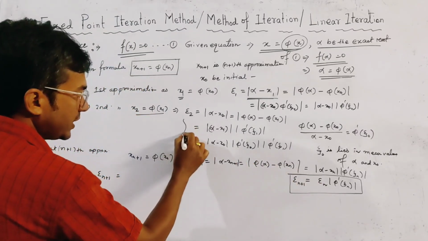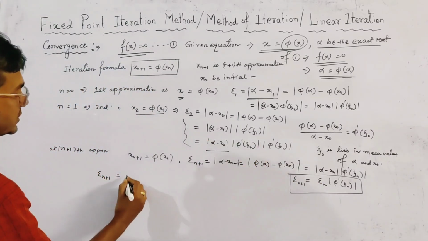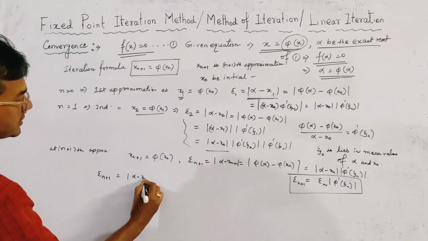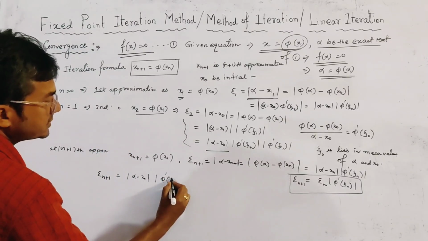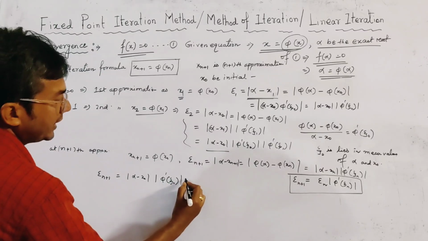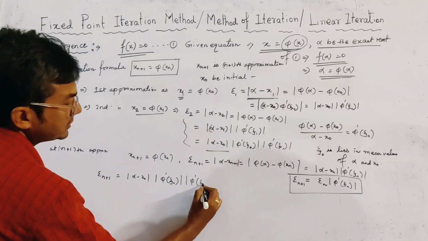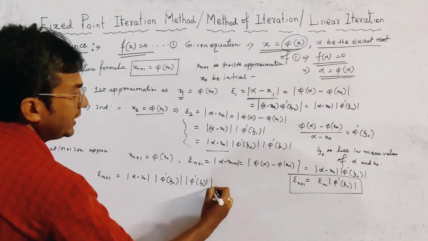From this similar result we get mod of alpha minus x_0 into phi dash xi_0 into phi dash xi_1, and so on.